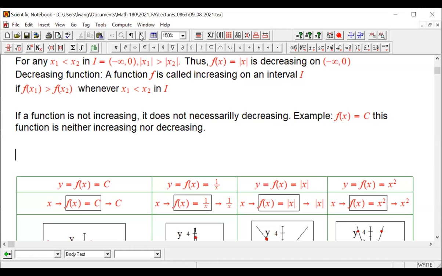I'm sorry, could you repeat that? I didn't really hear you. If a function is increasing, if I'm giving you an increasing function, is this function one-to-one?